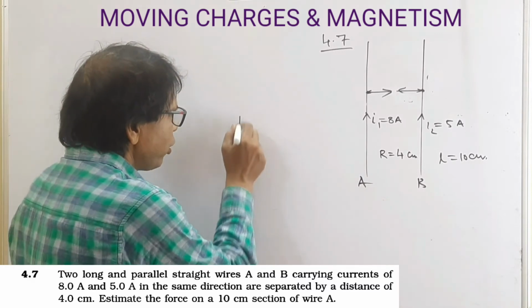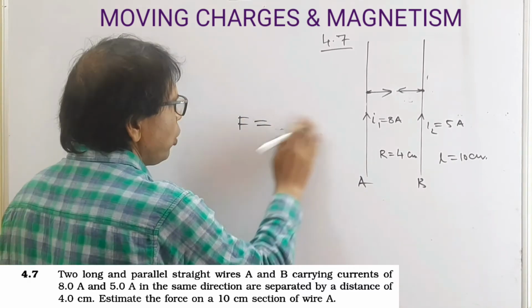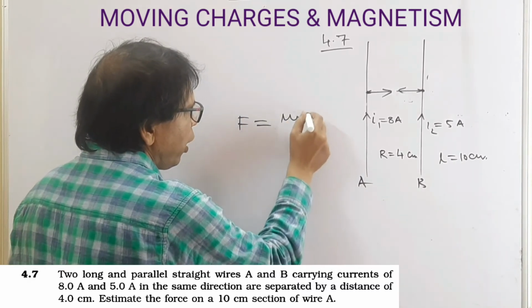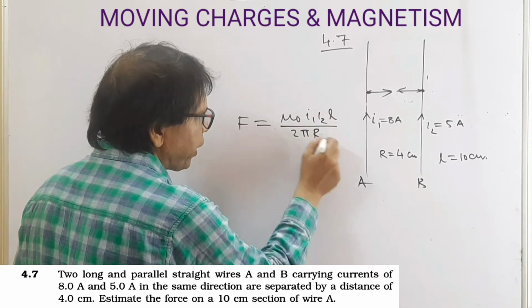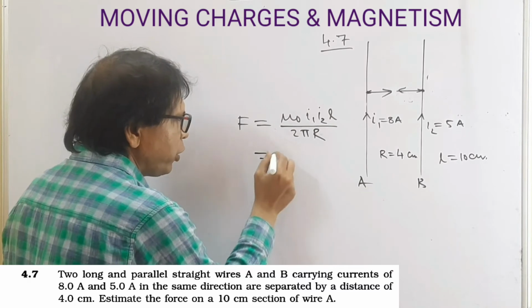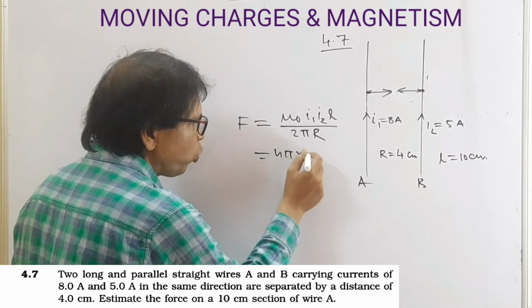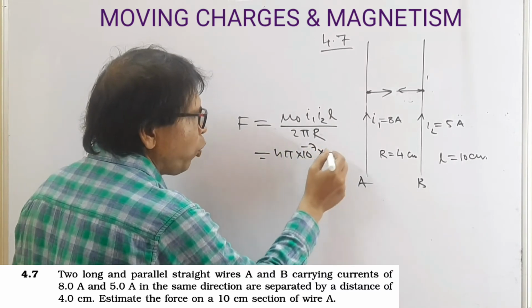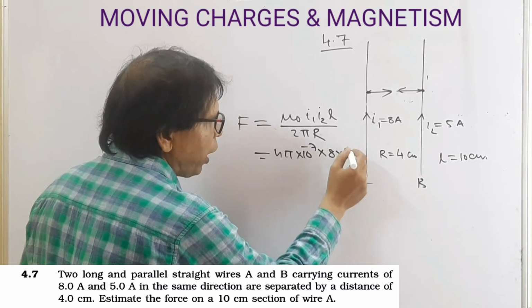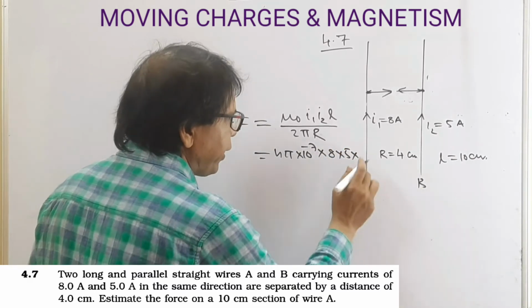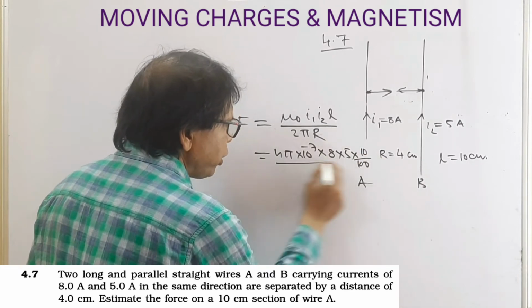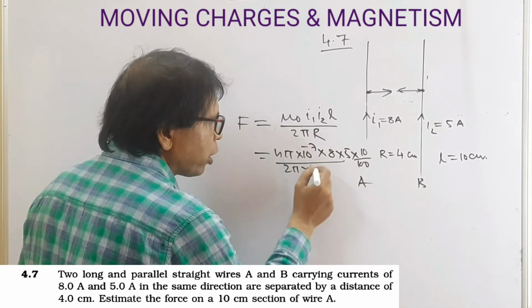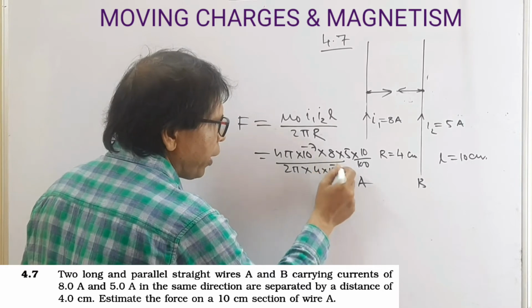The force is mu naught I1 I2 L divided by 2 pi capital R. Now this is 4 pi into 10 to the power minus 7, I1 is 8, I2 is 5, L is 10 centimeter, so this is 10 by 100, and 2 pi r equals 4 into 10 to the power minus 2.